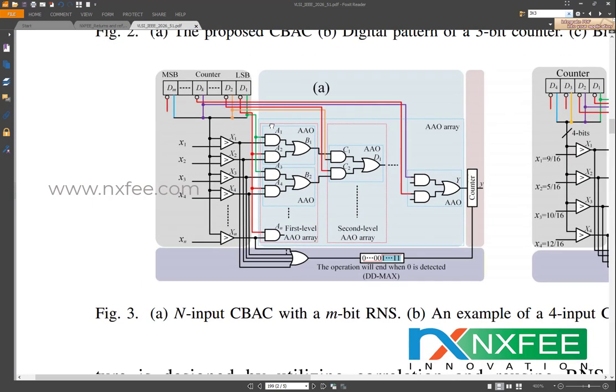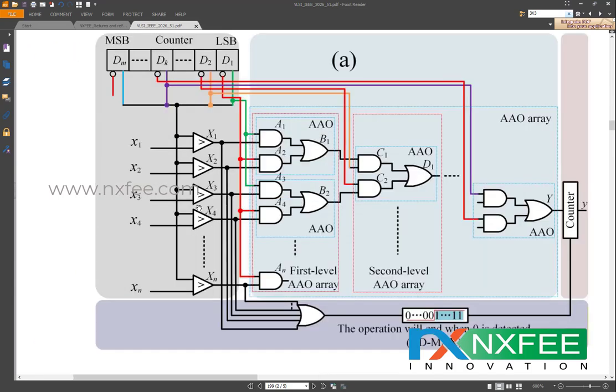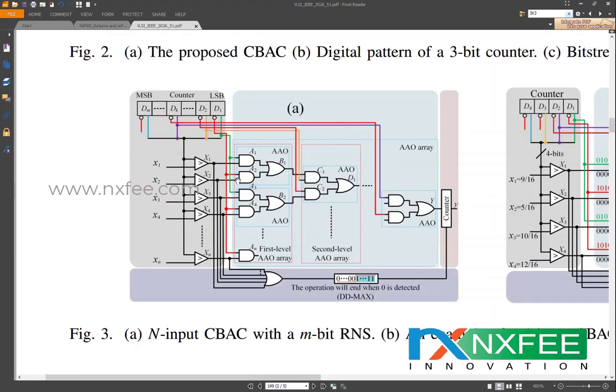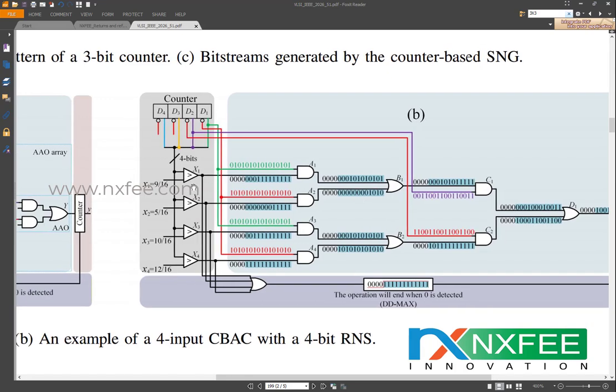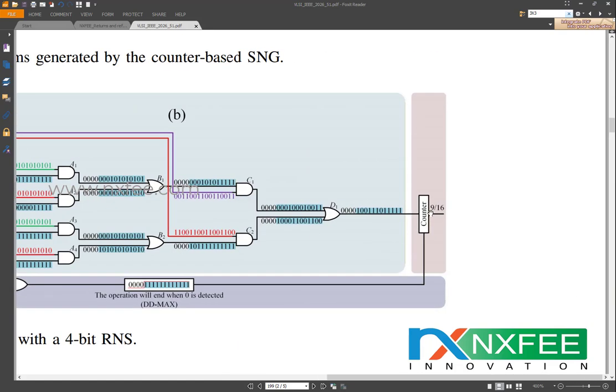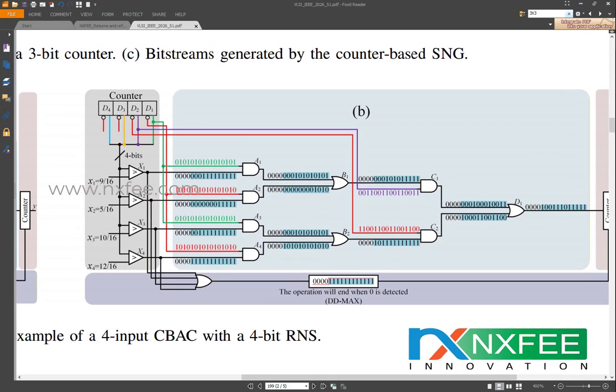The next circuit is the n-bit CBAC with the m-bit RNS architecture, detailed with a 4-bit input, and additionally an example circuit for our analysis. Here x1 is 9, x2 is 5, x3 is 10, and x4 is 12. The output comes as 9 divided by 16. The numerator and denominator are used for this mean value.